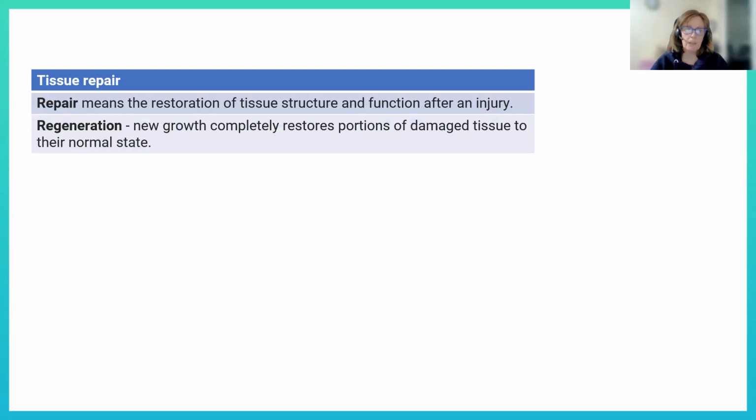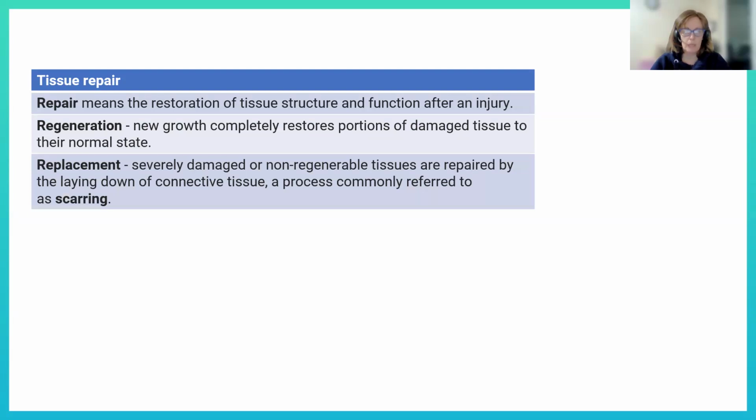It's repair. Now, it's possible to regenerate tissue, which is new growth, which completely restores portions of damaged tissue that has been lost to its completely normal state. So completely repaired, you can't see any damage, there's no scarring, or there's replacement.